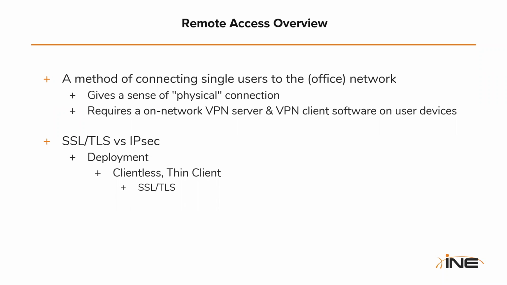You can do it in a clientless way, which means that you will rely on a web browser. The web browser is going to act as the VPN software. So you'll have to specify the address of the VPN gateway, and you will use the browser to authenticate. Once you authenticate, you will get access to a special SSL protected portal where you will be able to run certain applications.